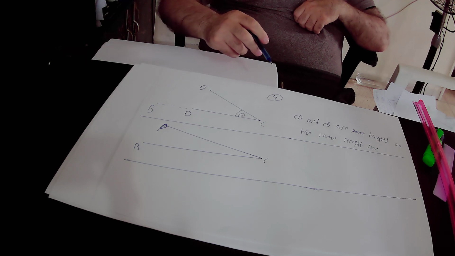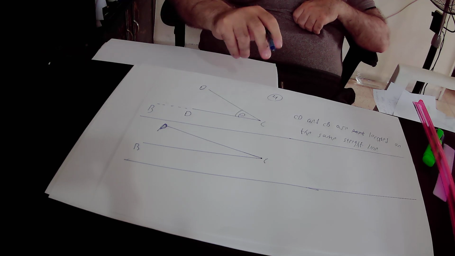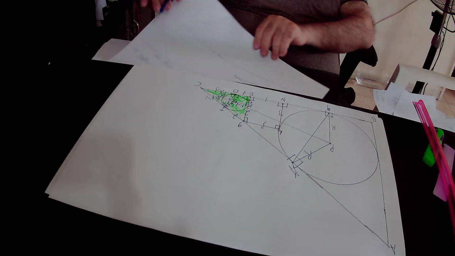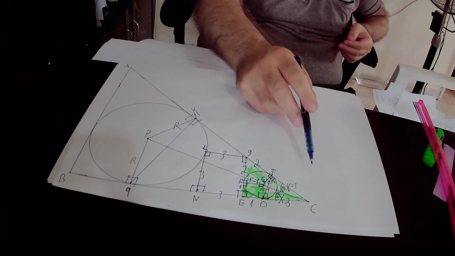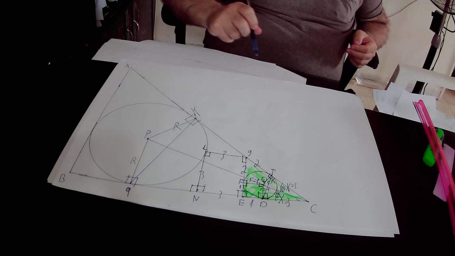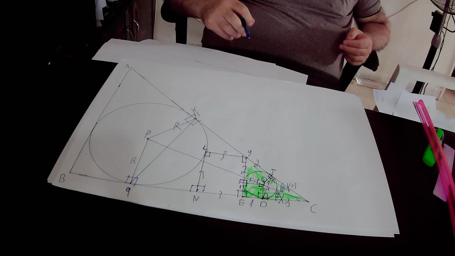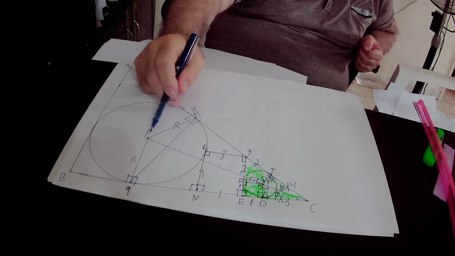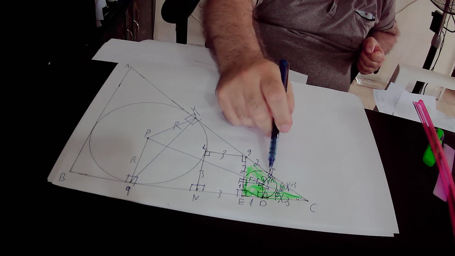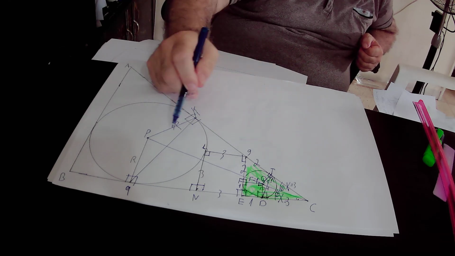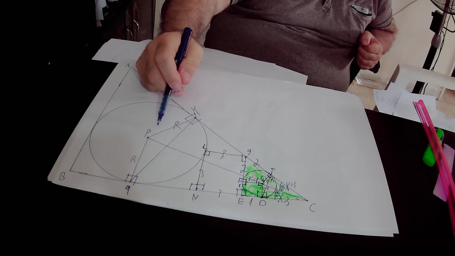Are they located on the same straight line or not? We check here in the drawing. We have here leg CO and leg CP. According to our assumption, CO doesn't pass through point P. If CO doesn't pass through point P, it means that CO and CP are not located on the same straight line.